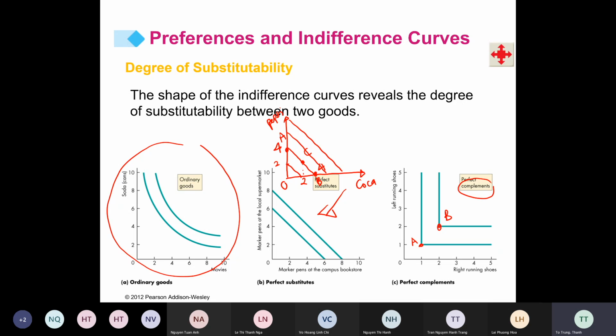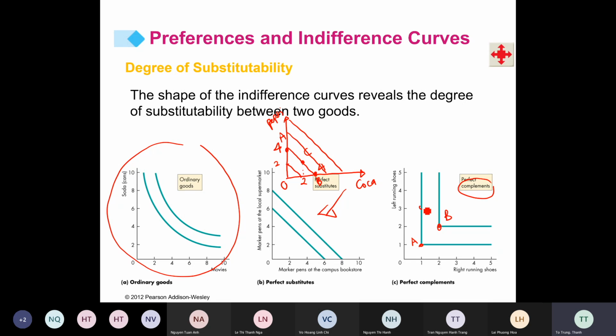And the answer is no, right? At point B, two right shoes and two left shoes, meaning that I have two pairs of shoes. And of course, I get a higher level of satisfaction than point A, because at point A, I only have one pair of shoes.